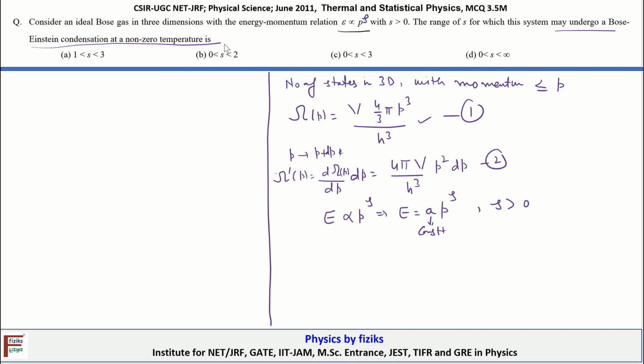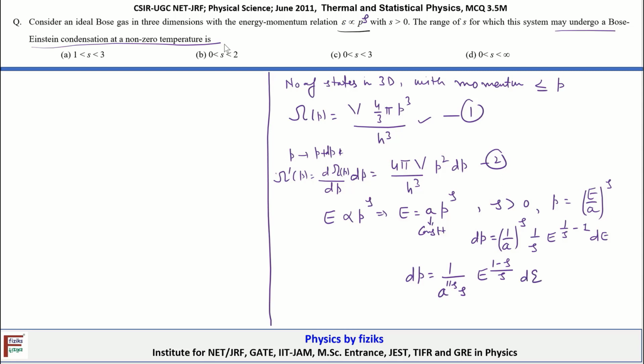So from here p equals (E upon a) power 1 by s, and then dp will be 1 by a power 1 by s, 1 by s E power 1 by s minus 1 dE, or we can write dp equals 1 upon a power 1 by s multiplied by s, E power (1 minus s) upon s dE.